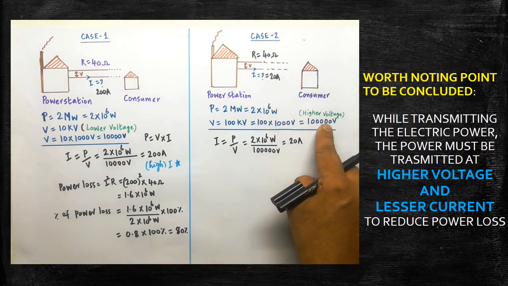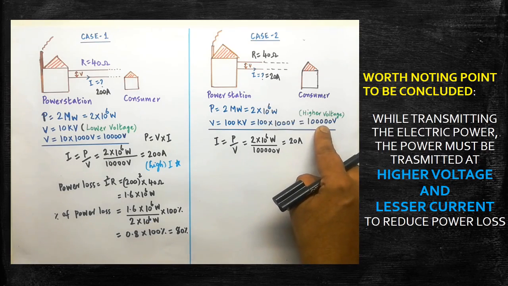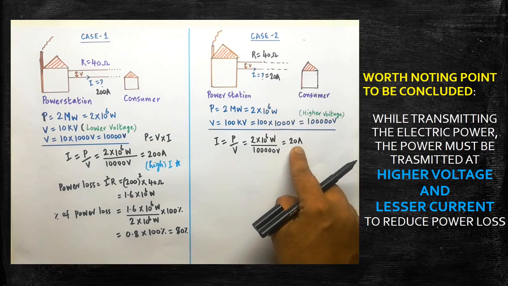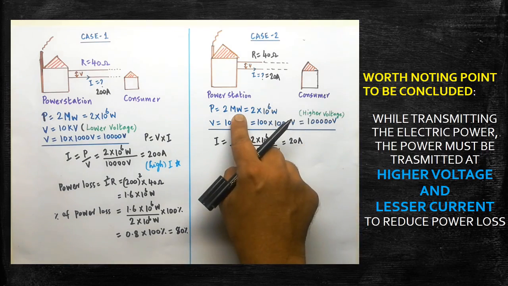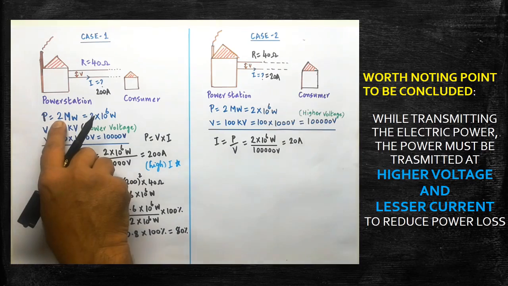By increasing the voltage, the strength of the current is reduced. I would like to tell one important secret here. If you multiply the voltage 1 lakh with 20 ampere, you will get 2 megawatt. Here also, if 200 ampere is multiplied with 10,000 volt, again you get the power value.